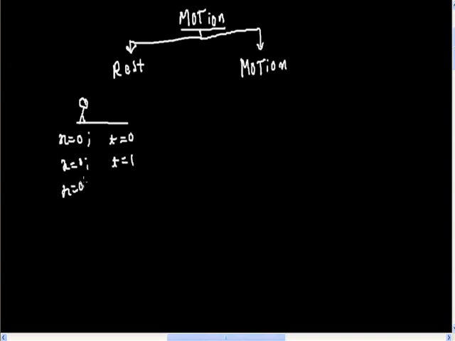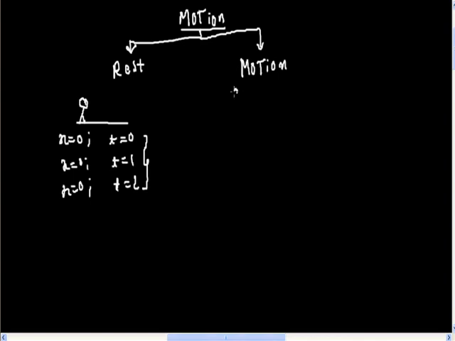X is again 0 when t equal to 2. This shows the object is at rest because the position coordinate remains the same but time increases. With time the object doesn't change its position. Then this is called the rest state.